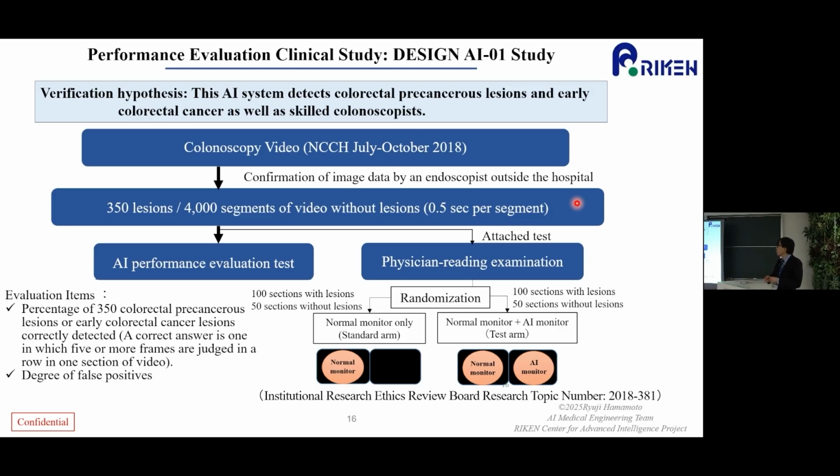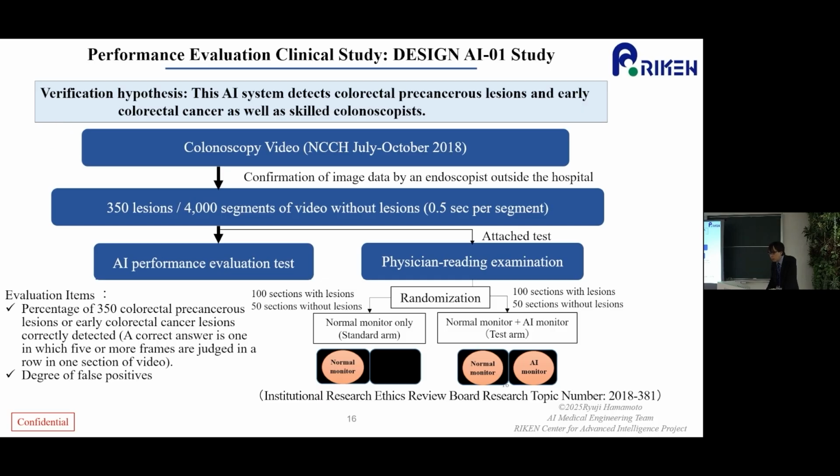That's the reason we conducted the performance evaluation clinical study called the DESIGN AY01 study. In this case, the verification hypothesis is that this AI system detects colorectal precancerous regions and early colorectal cancer as well as a skilled colonoscopist.